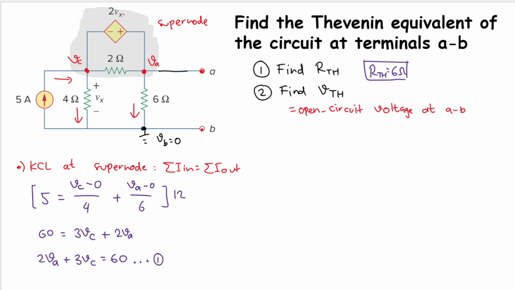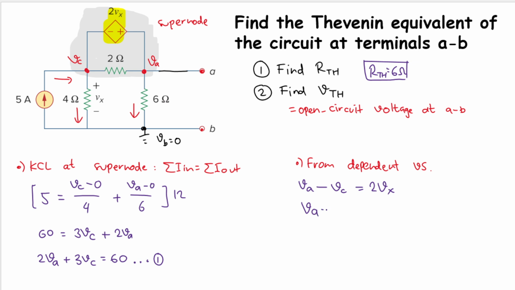But then we know from this dependent voltage source here that VA minus VC is equal to 2Vx, right? This is from the dependent voltage source. And then what can we do from here?